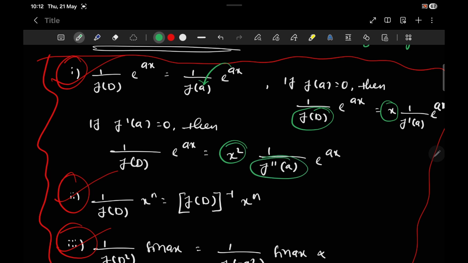So this formula looks a little bit complex. We can figure this out when we take an example, so why not take an example?